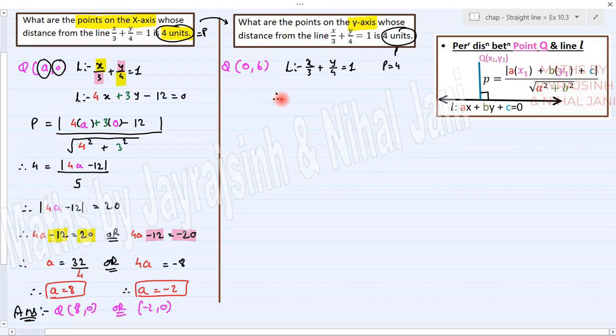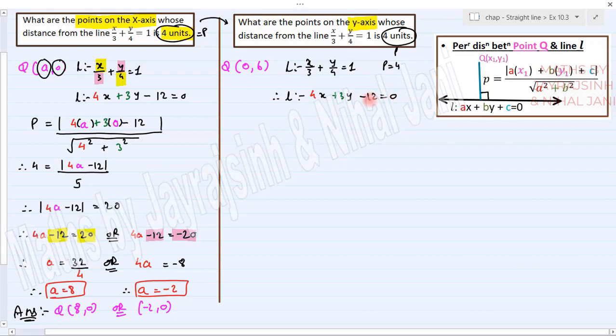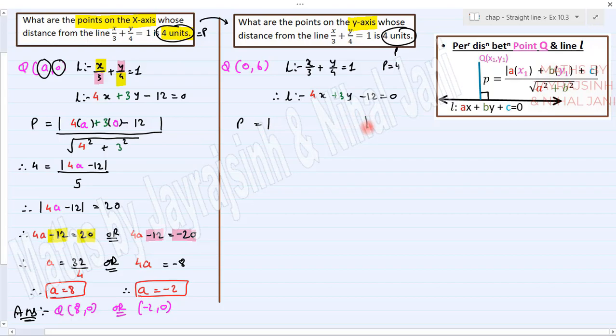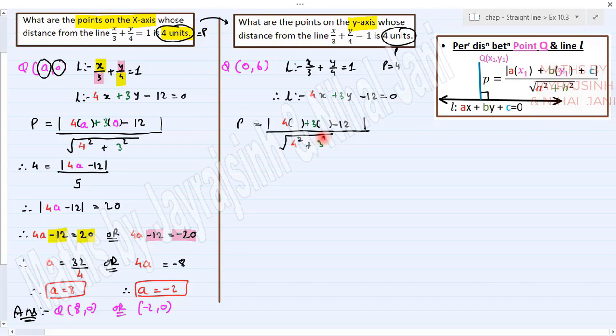So let's follow the same steps. We will get the standard form of the line as 4x plus 3y minus 12 equal to 0, and now we are ready to apply the formula. In the numerator, you have to place the equation of the line, and in the denominator, under root of coefficient of x square plus coefficient of y square.